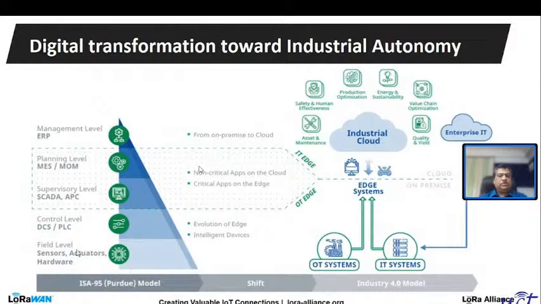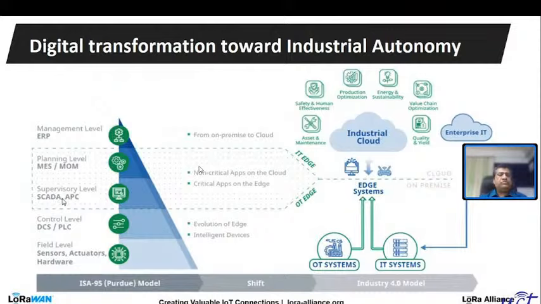At the lowest level, we have field level machinery, the sensors, where we have sensors, actuators, and hardware. Then the next level is the control level, where it is controlling all these parts, and here we have DCS and PLC. Then we have a process level, where we have SCADA and APC.